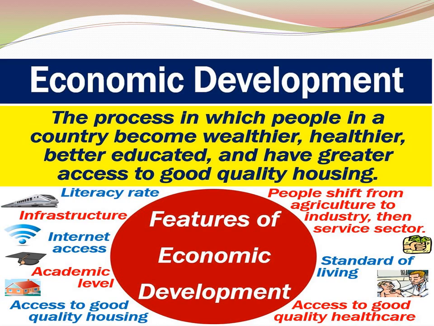We have literacy rate, infrastructure improvement, internet access improvement, academic level, access to good quality housing, access to good quality healthcare, standard of living, changes within industry sectors, improvement there.